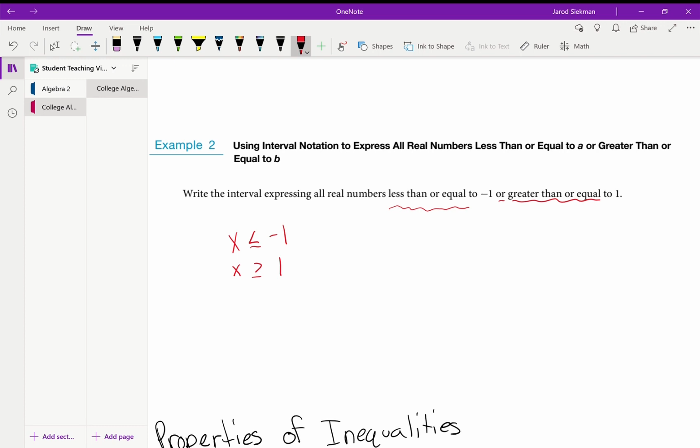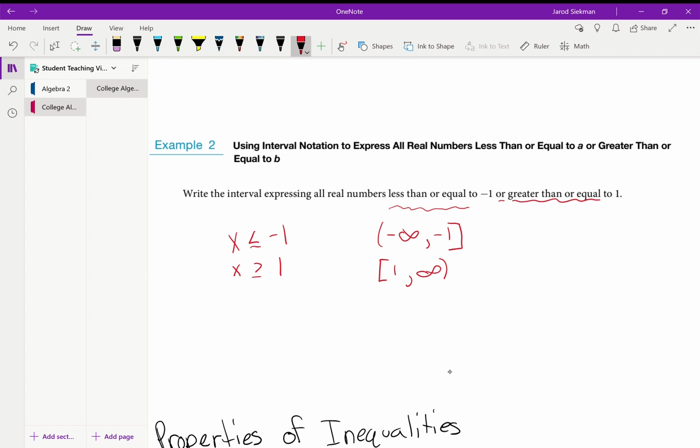The first one, since it's less than or equal to -1, we want to write starting at negative infinity, going all the way to -1, and -1 is included, so we put a bracket. And this one is greater than or equal to 1, so we start at 1 and we go all the way to infinity. But we aren't quite done because we want to join these two intervals.